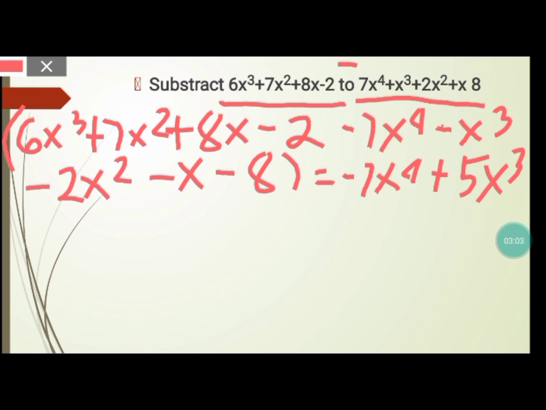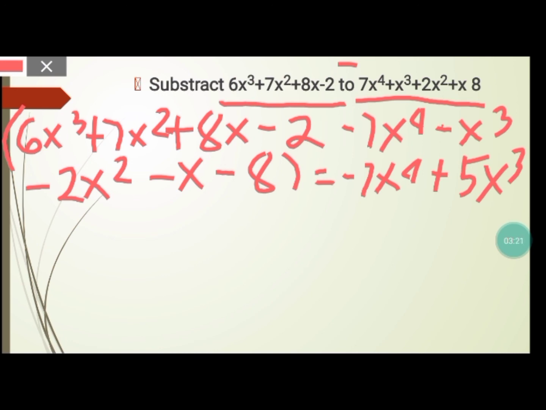The value of 6 is bigger than 1, so we copy the positive symbol. Next is 7x squared minus 2x squared.